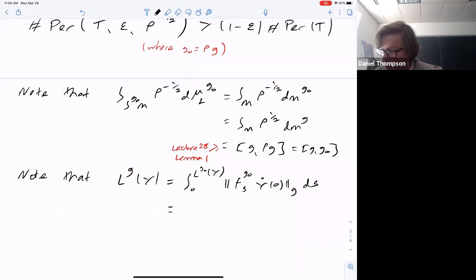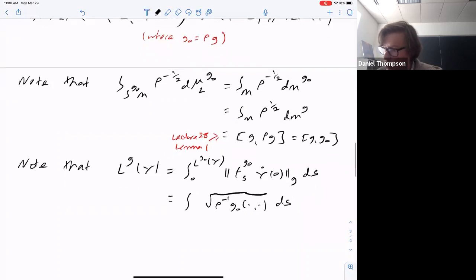Which equals the integral of the square root of rho inverse times g0 of what's in here, which equals the integral from 0 up to L_g0 of gamma, of rho to the minus 1/2 ds.